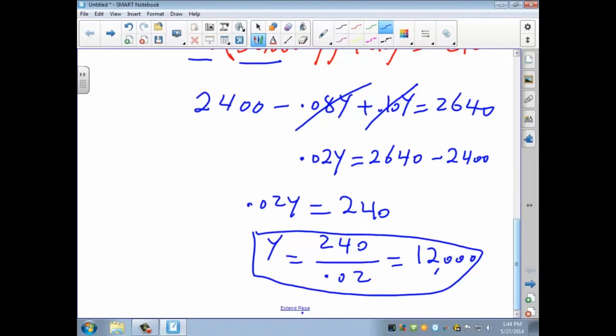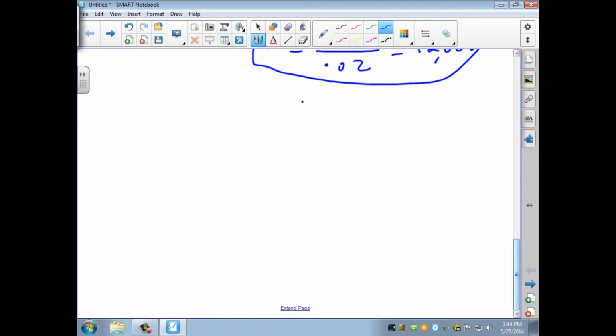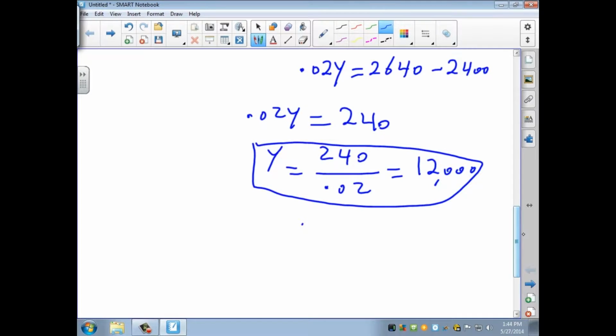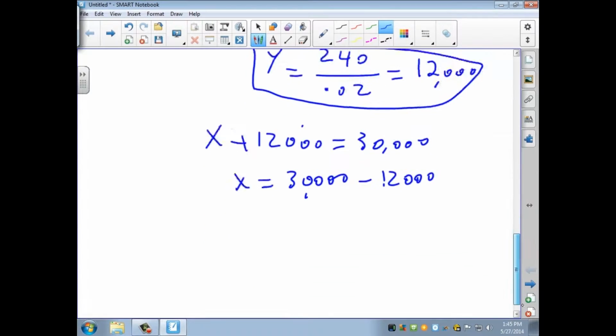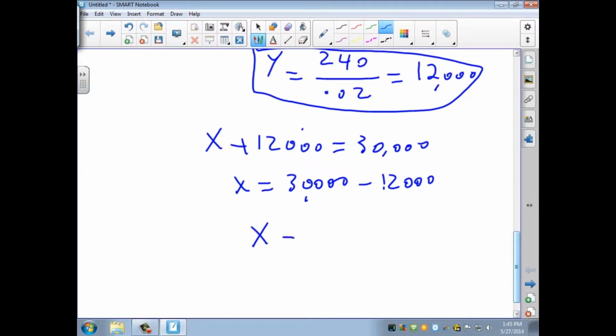Then since the total was 30,000, and we said x plus y is equal to 30,000, that means x plus 12,000 should equal 30,000. So x is equal to 30,000 minus 12,000, which would give you x equal 18,000.